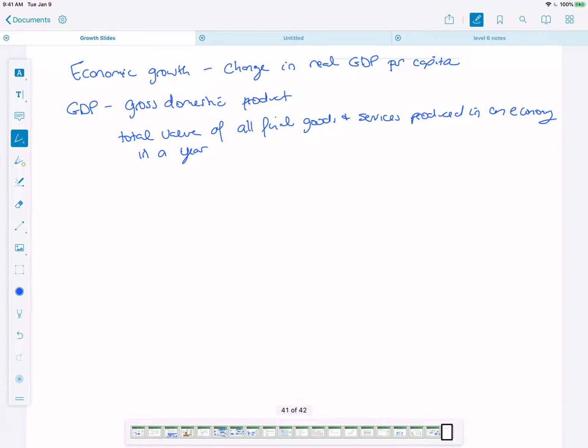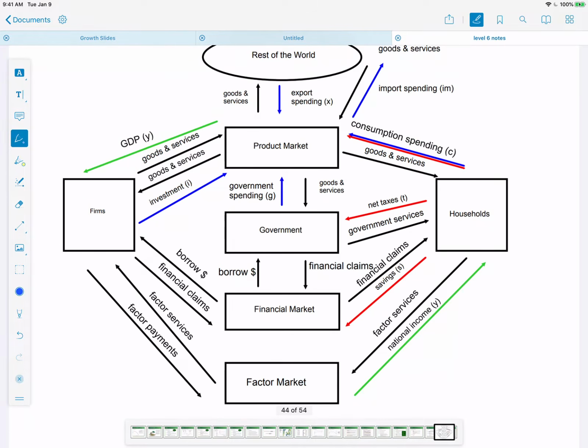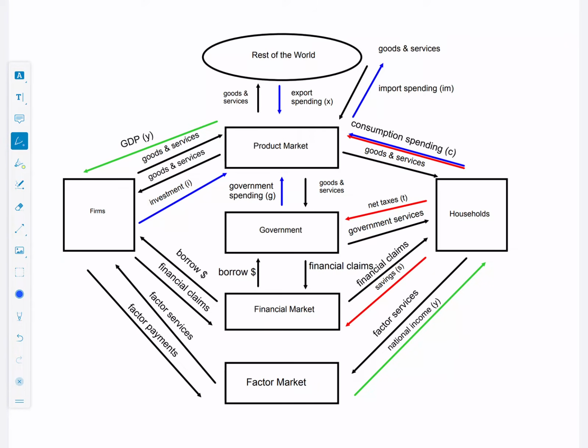And we've looked at the issues of measuring GDP, and we've looked at the approaches to measuring GDP. If you'll recall, we measured GDP with the expenditure approach and the income approach. And if we recall back to our circular flow diagram, we talked about how we could measure the size of the economy really at 2 points.